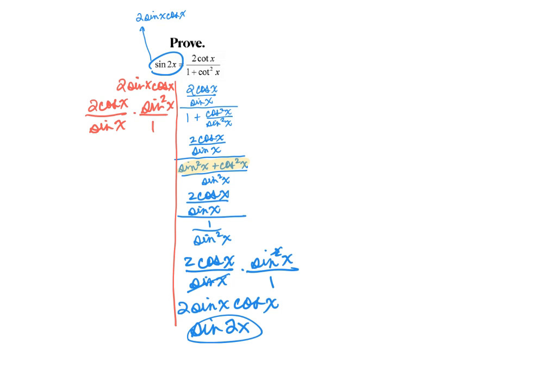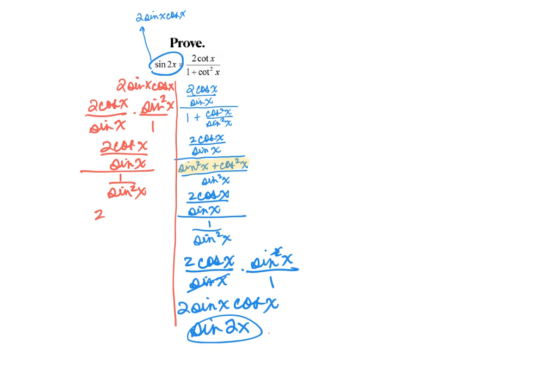Now, I'll admit, I would never think of doing it this way, but from one line to the next, it absolutely is a true statement. I would continue to work backwards. So this is equal to that. That gives me 2 cosine of x over sine of x all over 1 over sine squared x. Continuing to work backwards, this would be next.